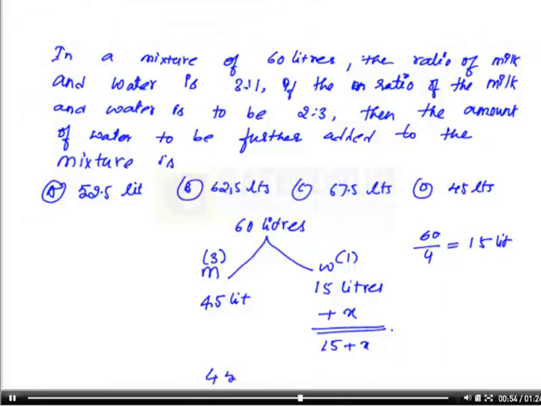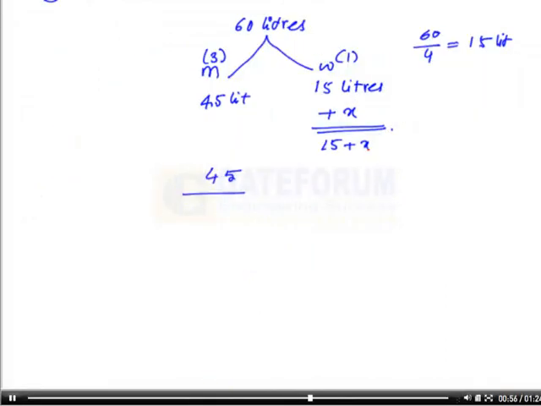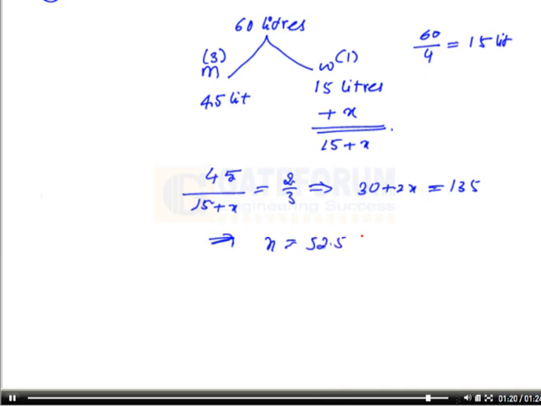Milk is the same, which is 45 liters, by, what is the amount of water here? 15 plus X. As we have added, so what will be the new ratio? 2/3, which implies 30 plus 2x is equal to 135. If we simplify, the value of x will be 52.5 liters. So option A.